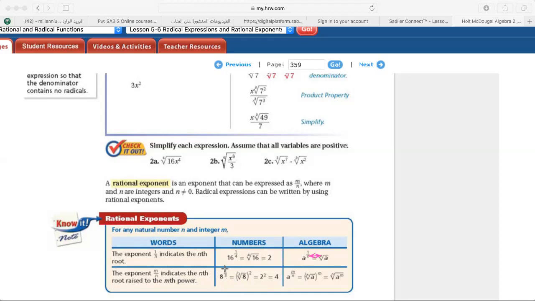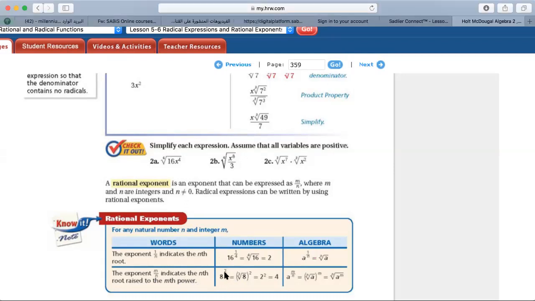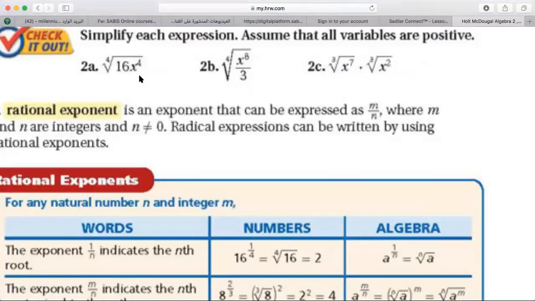So when I want to distribute the exponents as denominator and numerator, 2 will be distributed as an exponent to the whole term, and 3, the denominator, will be the index.